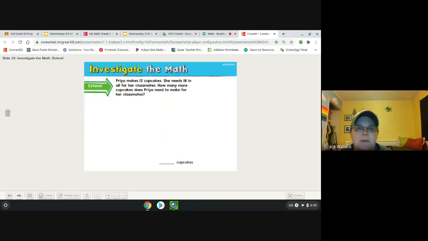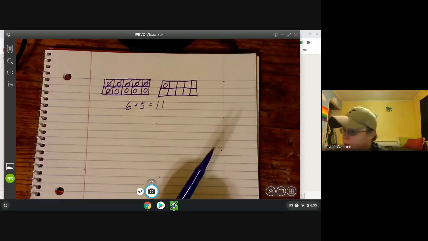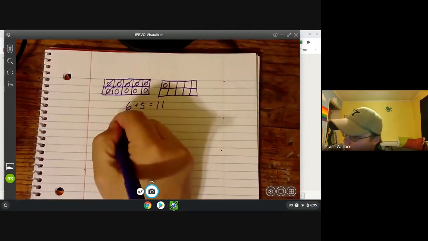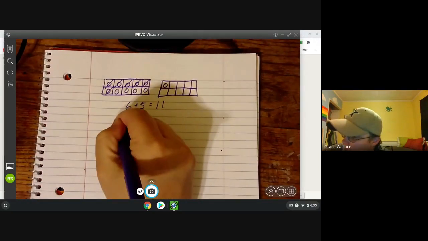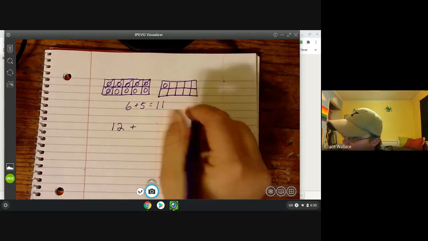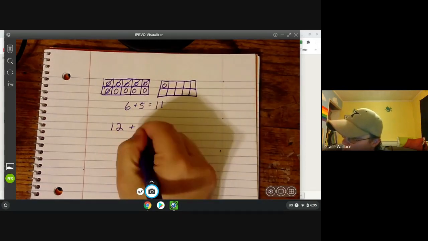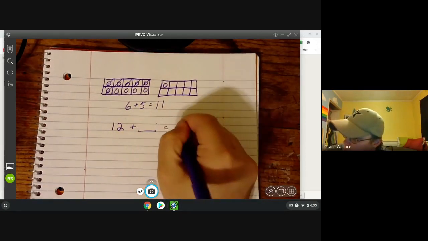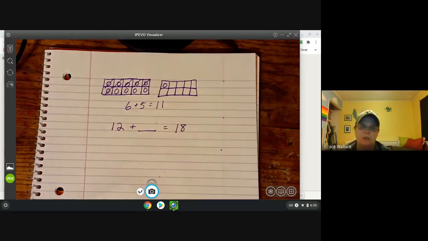All right, it says Myra makes 12 cupcakes. She needs 18 in all for her classmates. How many more cupcakes does Myra need to make for her classmates? So we're going to start with what we know and start a number sentence. So we have 12, and I need some more, and I have to get to 18.